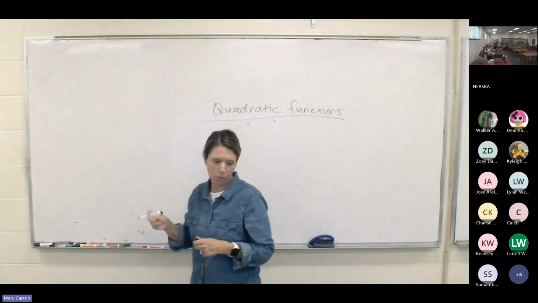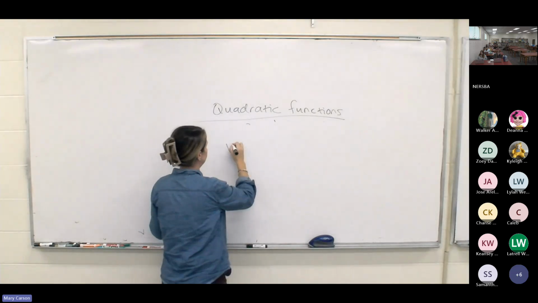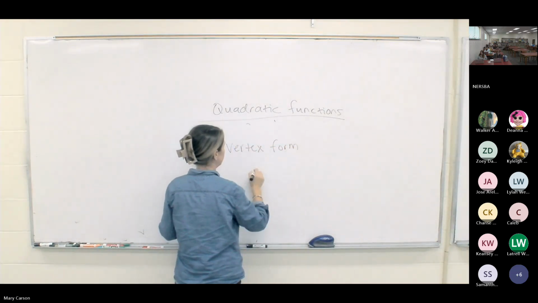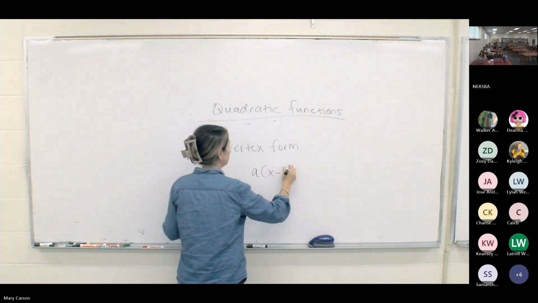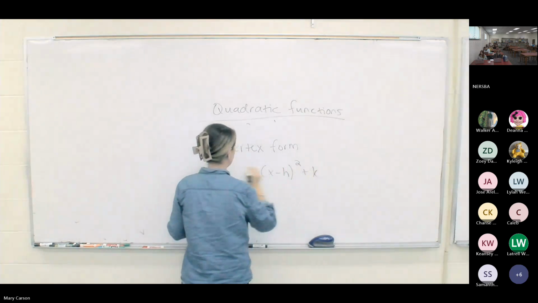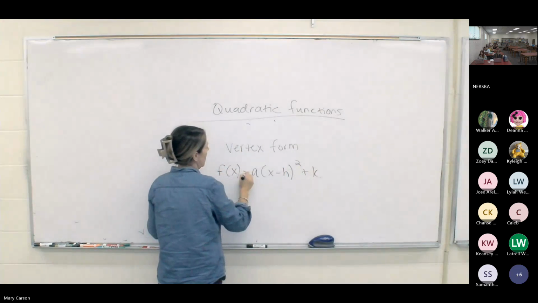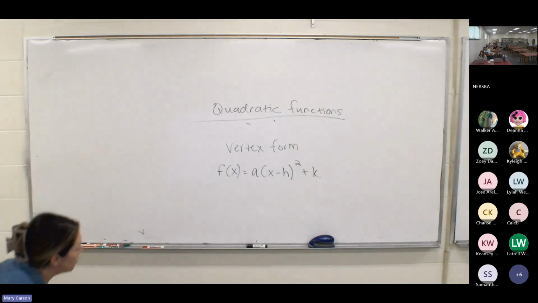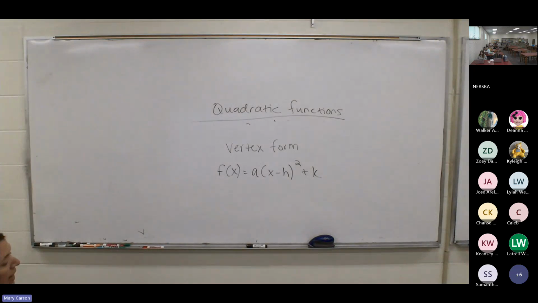All right, vertex form looks like this, a little bit different. And when it's in a form like this, you're more easily able to pick out what the vertex is. You can also pick out your y-intercept.